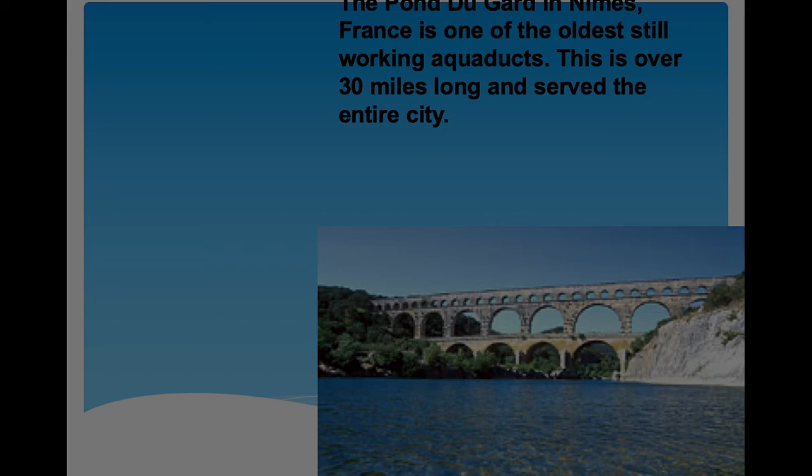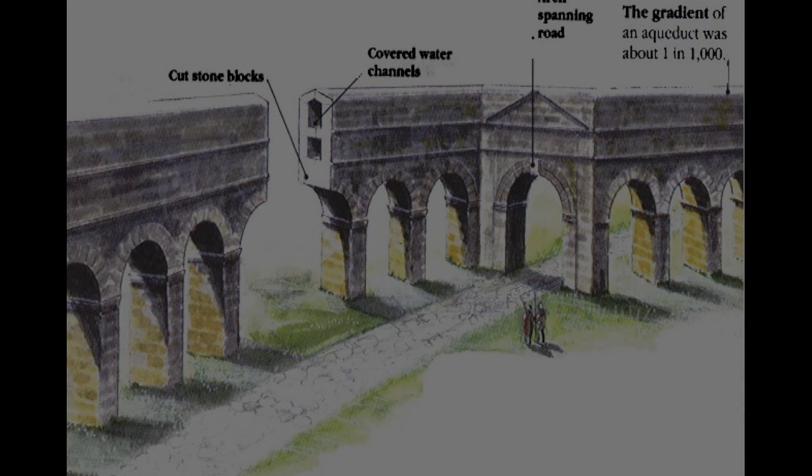A ready supply of water also allowed bathhouses to become a feature in Roman cities. So bathhouses were usually places where people would go to congregate, hang out, take a bath, all that fun stuff. And also these were large pools where people would go swimming too.